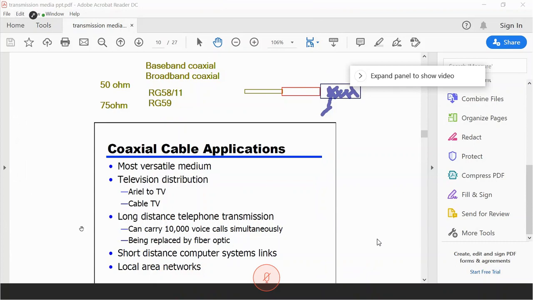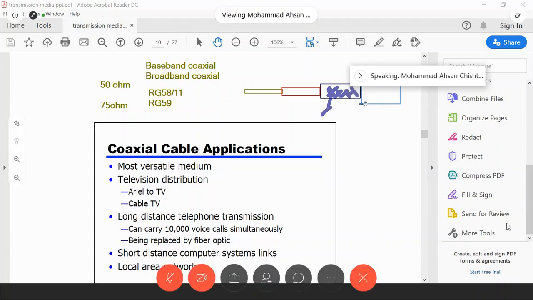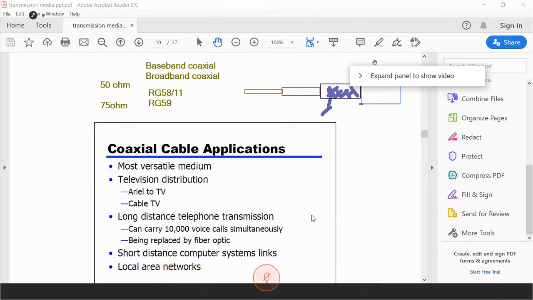This is the typical cable that comes to your home.